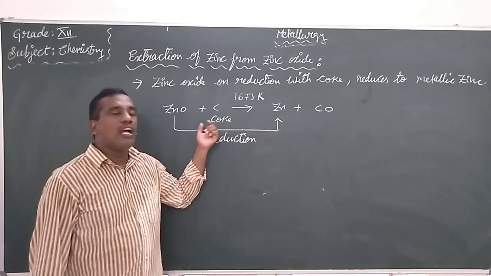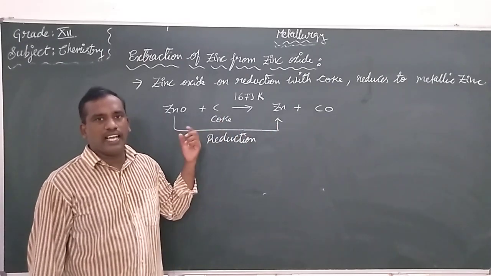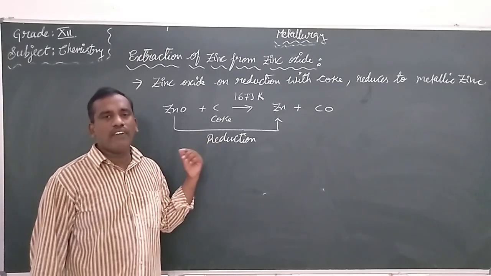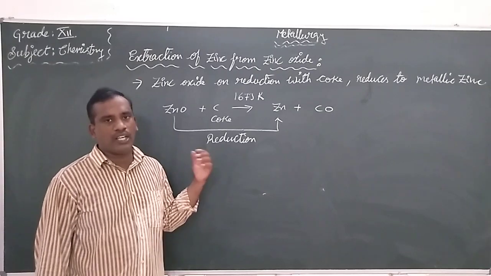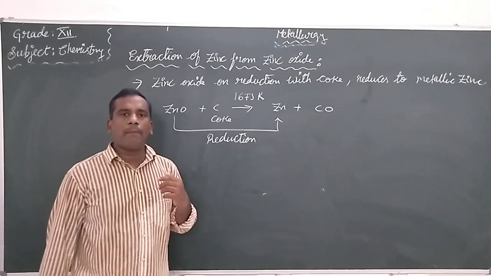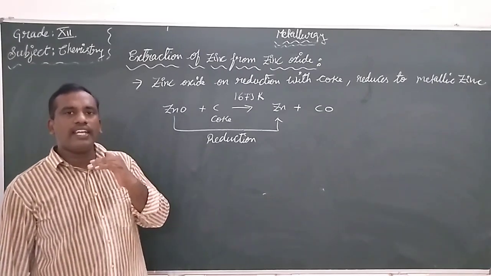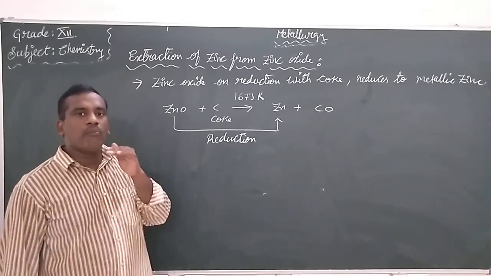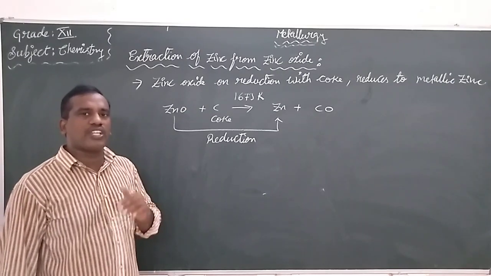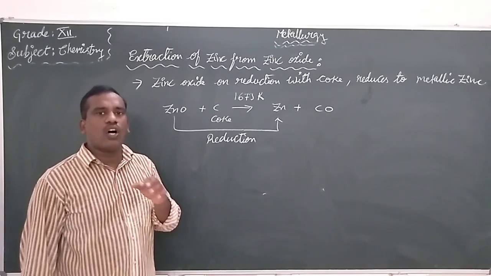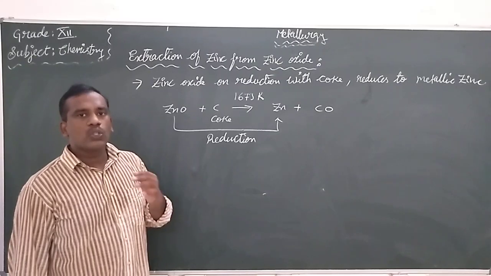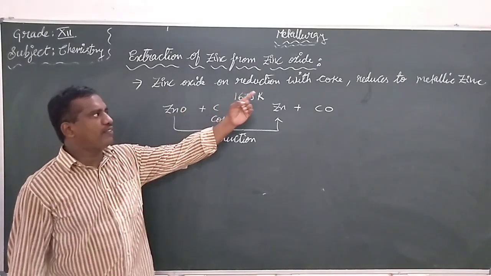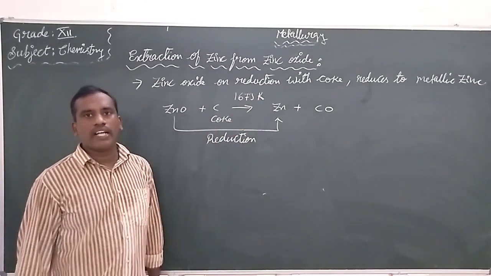So we can say coke is acting as a reducing agent in this reaction. A very simple and direct equation. In the Ellingham diagram, when we compare, the zinc oxide line is above the coke line. Hence coke, which has a more negative Gibbs free energy, can act as a strong reducing agent to reduce the zinc oxide. So zinc oxide on reduction with coke reduces to metallic zinc.